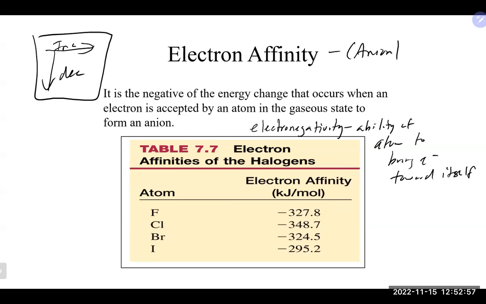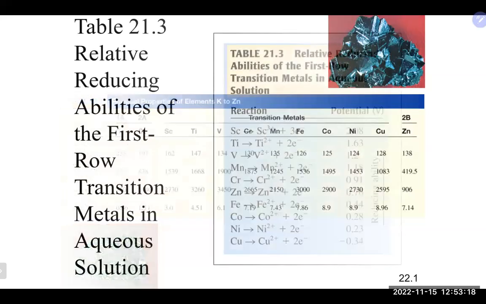It is not a perfect trend, but we do see here in, say, group 7, that it sort of increases as you go up, but then decreases a little bit. So it's not a perfect trend, but electron affinity does generally increase as you go to the right and up on the periodic table, and decrease as you go the opposite way.